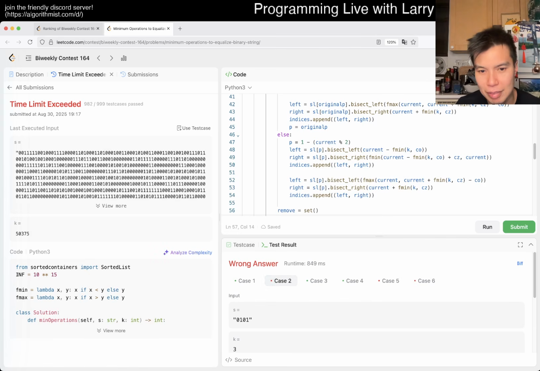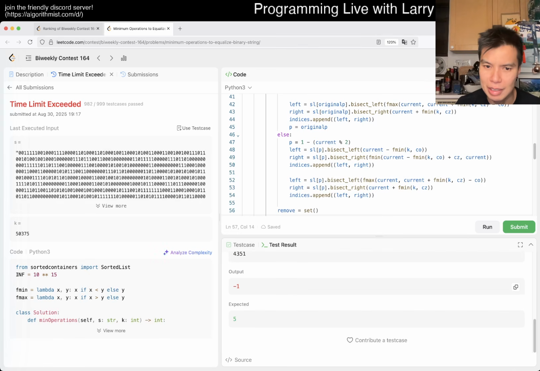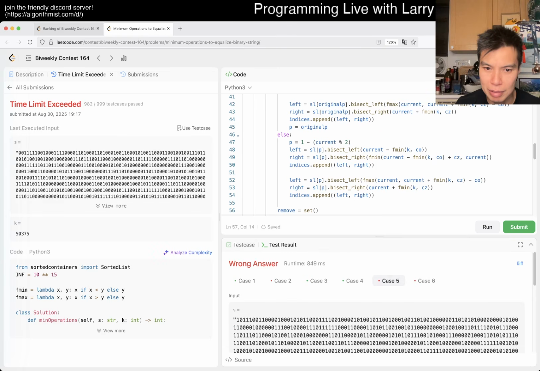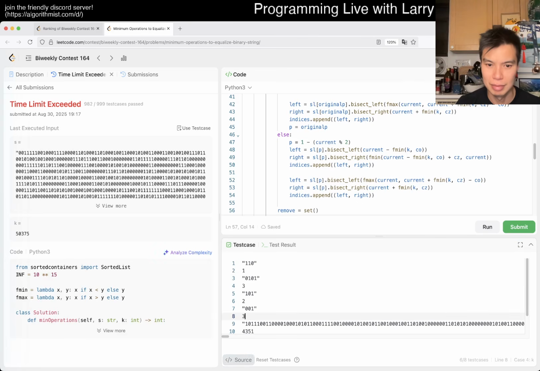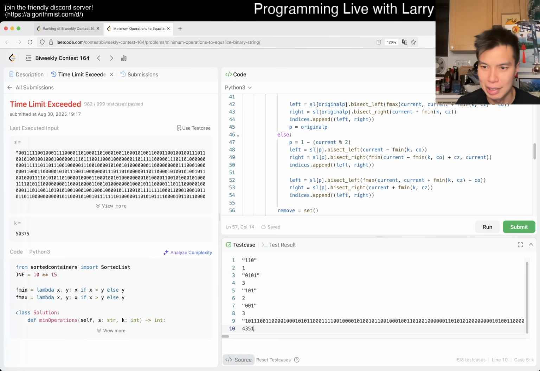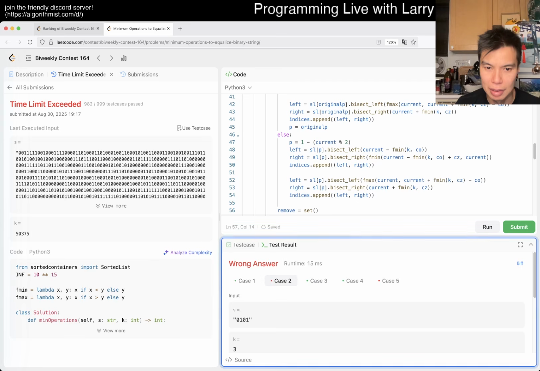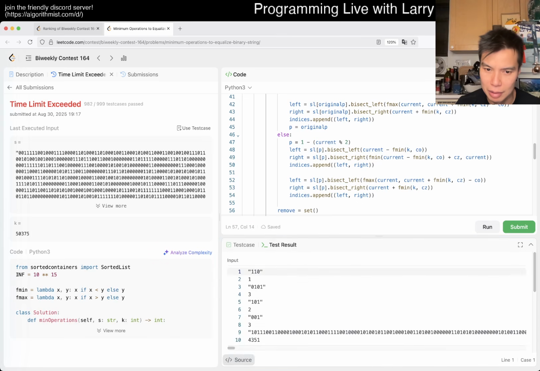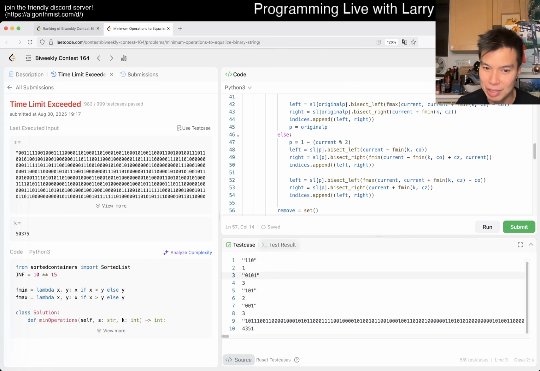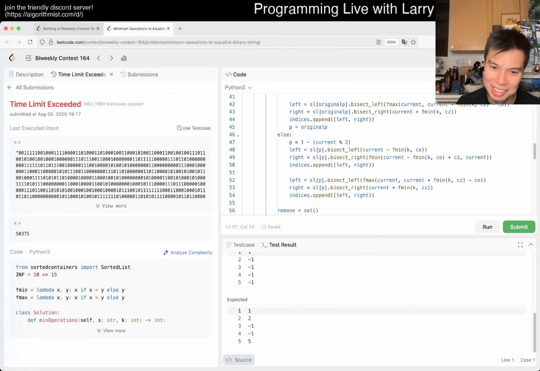Oh, actually, wait, did I say it was the right answer before I put this? Because I thought I ran it. I mean, I ran out of time. That's why it's telling me now, but maybe I just missed it. Okay, I guess I didn't look at it. Well, it got wrong answer on this one, but it got wrong answer really fast. So that's always nice.